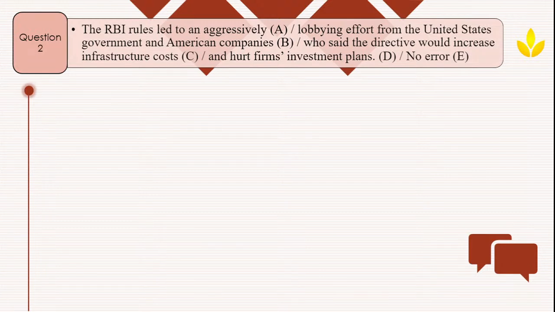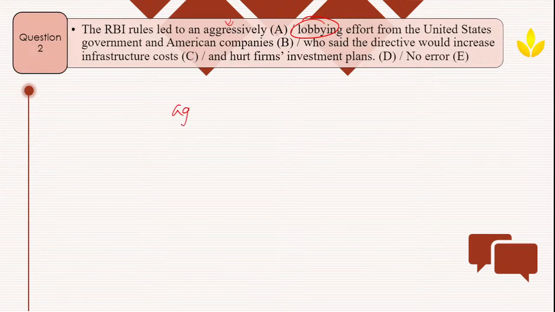So here lobbying is the verb. How they lobbied? Aggressively. So that is the purpose of using aggressively here. So is an adverb necessary there? It is actually not.